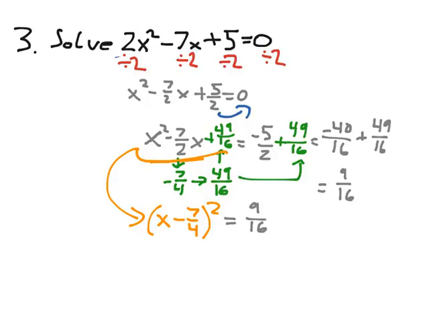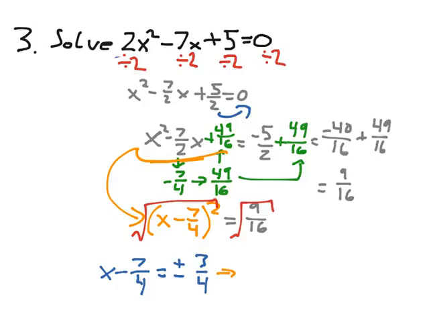Now let's take the square root of both sides. This will yield that x minus 7/4 is equal to plus or minus 3/4. And now if I add 7/4 to both sides, x is 7/4 plus or minus 3/4.